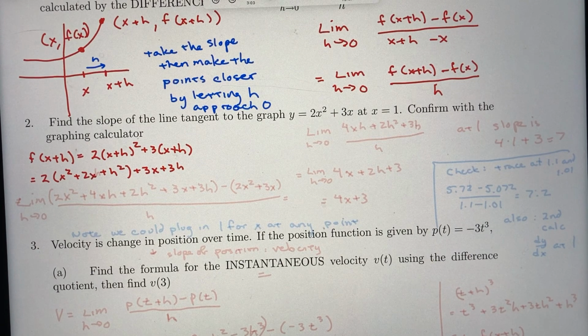So what have we got for a limit? So we got limit as h goes to 0 of, that's all f of x plus h. So my suggestion is put f of x plus h in parentheses and then f of x in parentheses. That way it's easy to tell that you've got both of them.